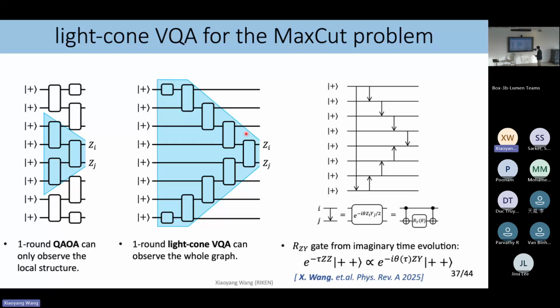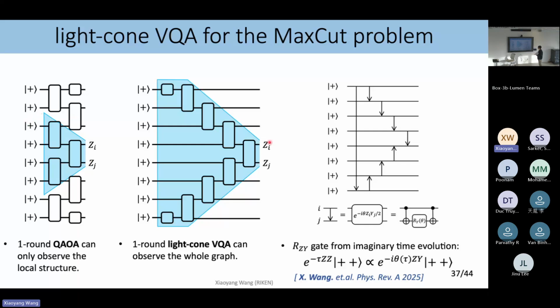Yes. And on the other hand, because of this light cone structure, this circuit is actually not very straightforward to simulate using classical methods. For example, if you only have this small light cone, you can simply derive this expectation by calculating its backward light cone, because it only covers 4 qubits.